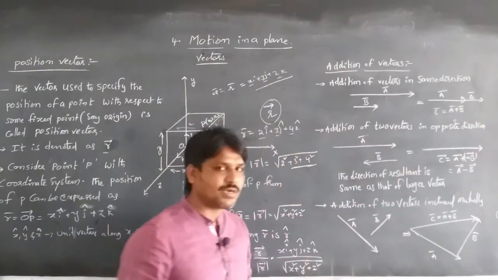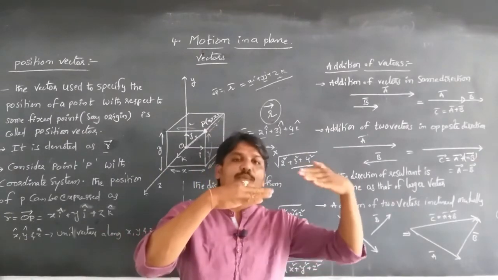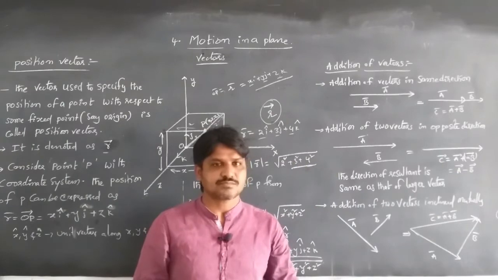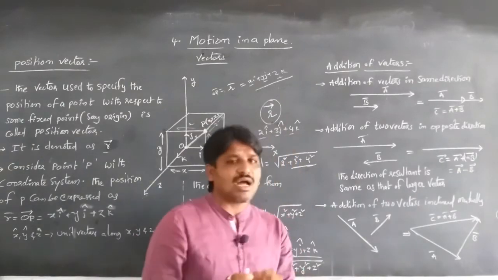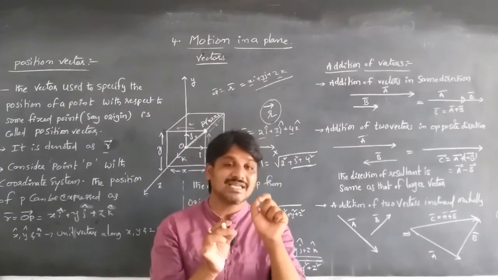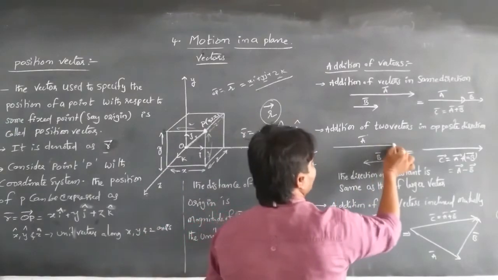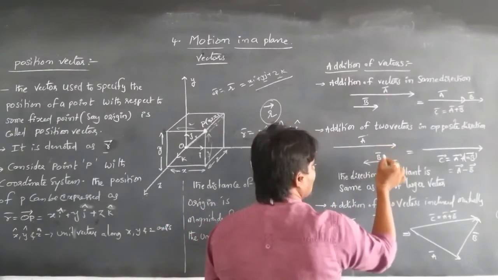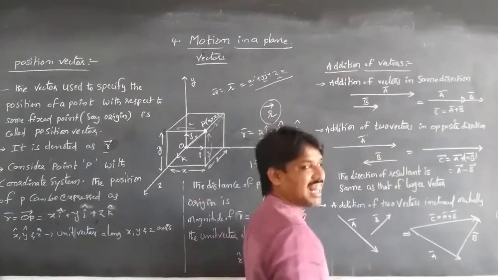If one vector is moving in one direction and another vector is moving in the opposite direction, then what will happen? We already know the direction of the resultant is in the direction of the larger magnitude vector. Here A has the more magnitude and B, which is in the opposite direction to A, has less magnitude.